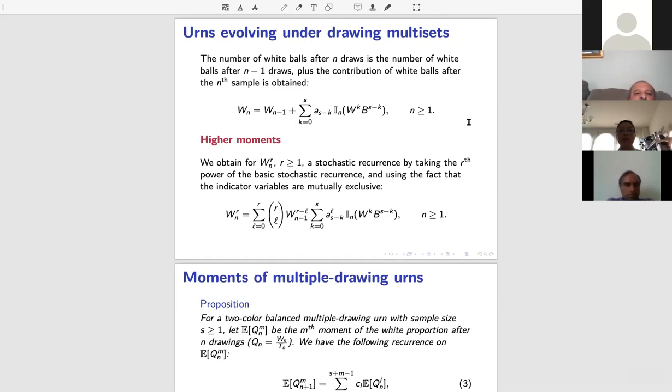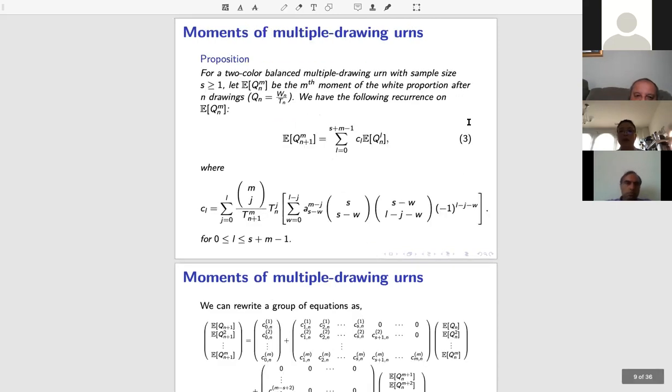For this stochastic recurrence, if we raise it to power r, we will readily see that if we formulate the expectation and higher moments for Wn, it will depend on even higher moments from the previous step, which means this type of recurrence will be very difficult or even impossible to solve.